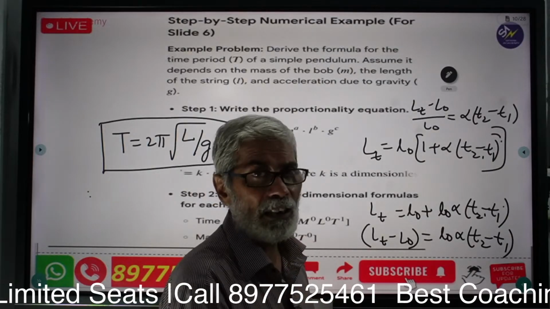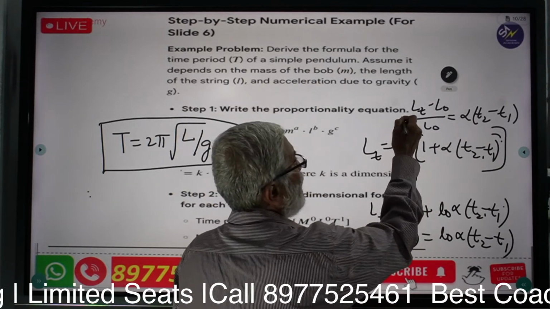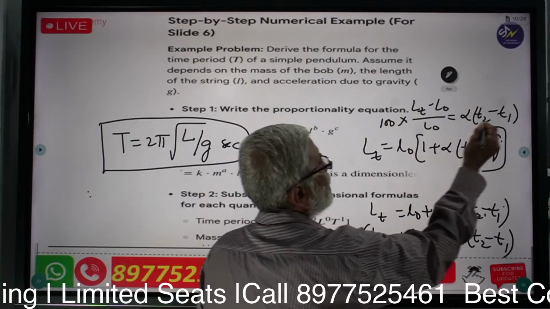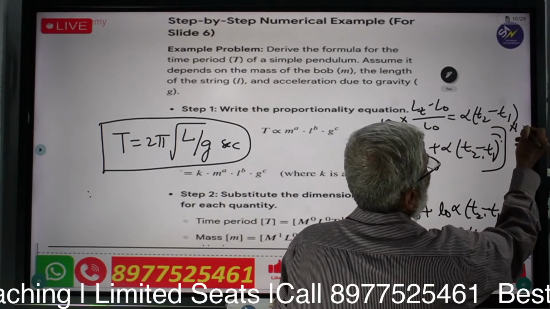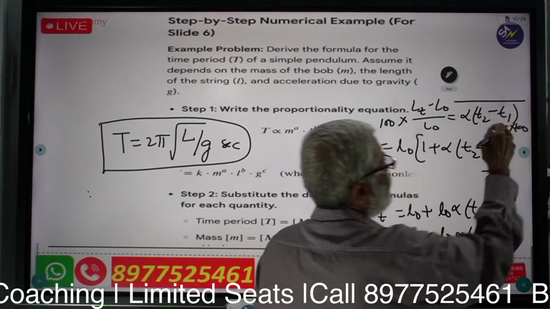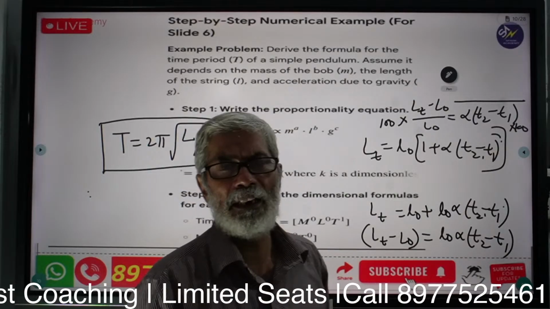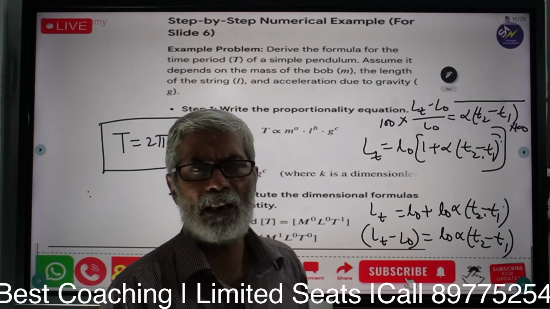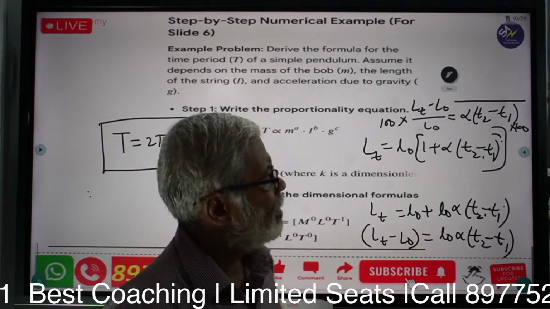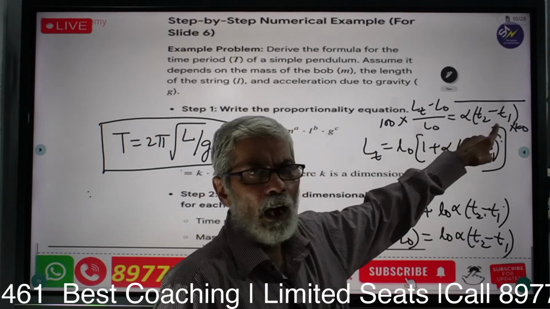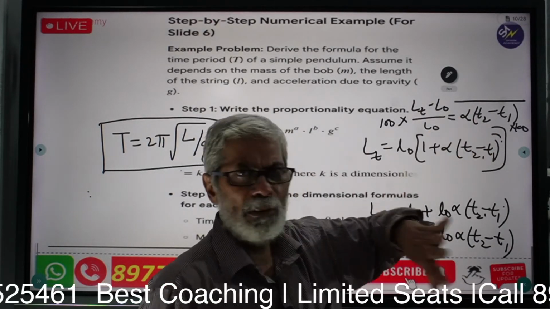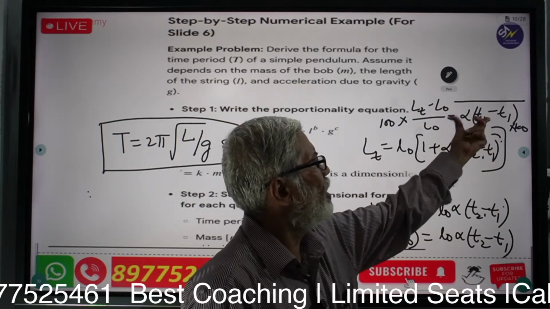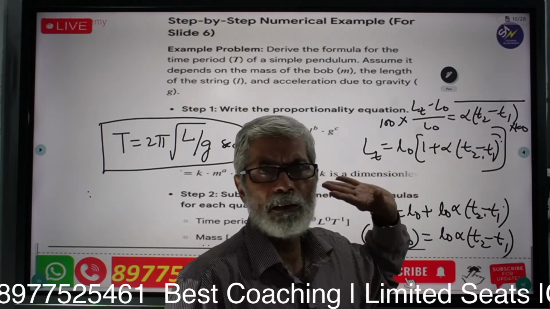They will ask percentage. Percentage means both sides into 100 you have to do. So this is the direct formula in NCERT, IIT or whatever engineering or medical entrance you are writing in our country. Alpha, they will be giving, T2 minus T1 is the difference of temperature, into 100.